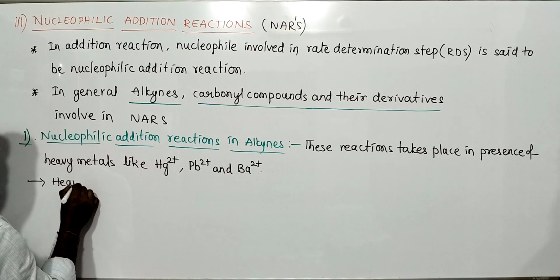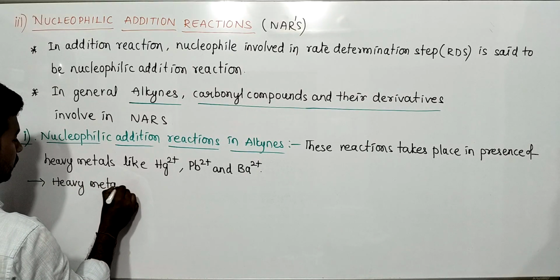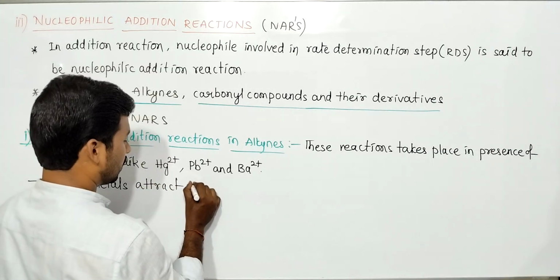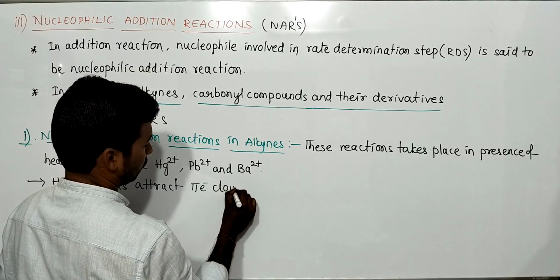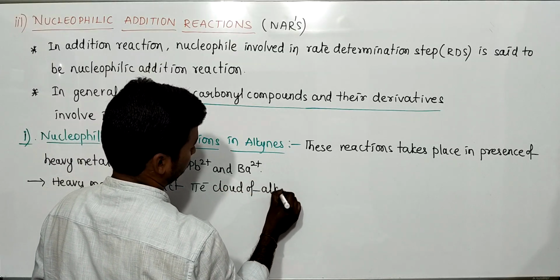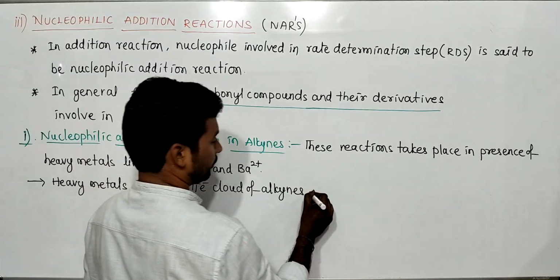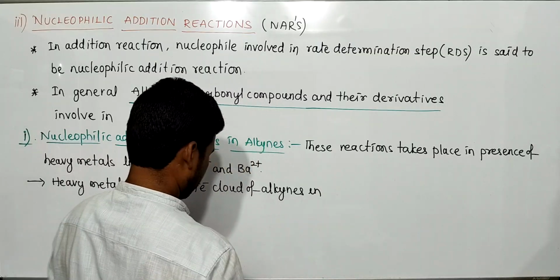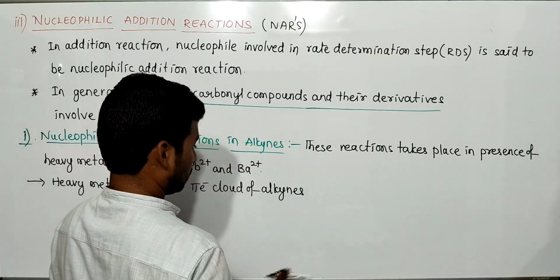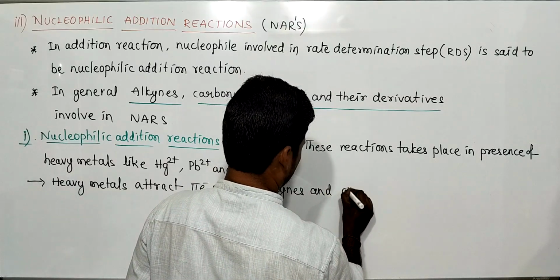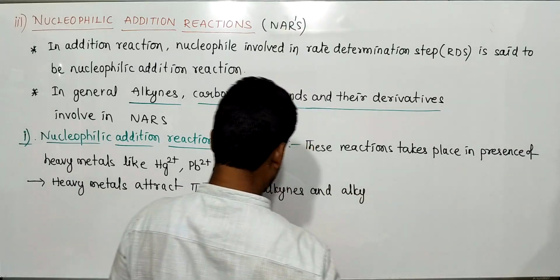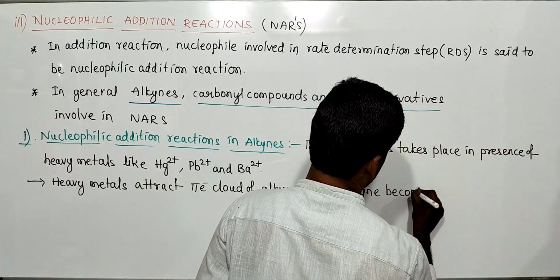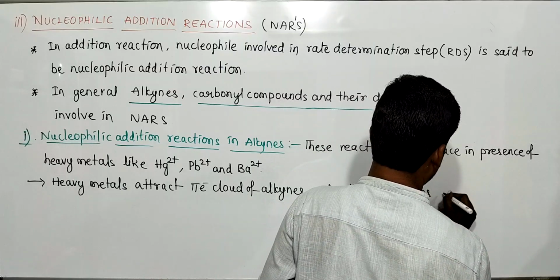Heavy metals attract the pi electron cloud of alkynes, and the alkyne becomes electron deficient.